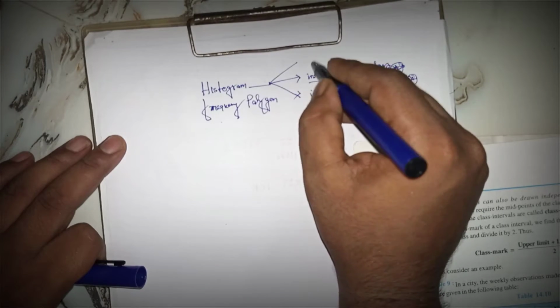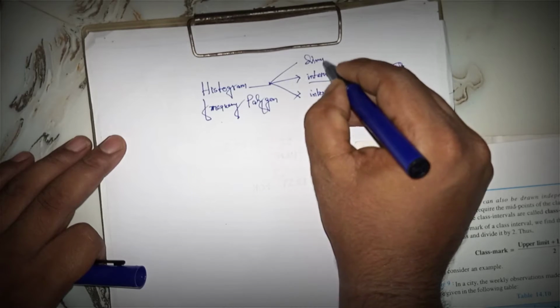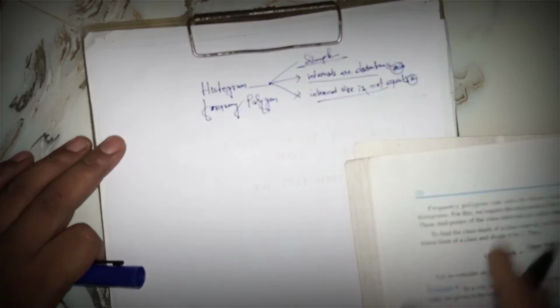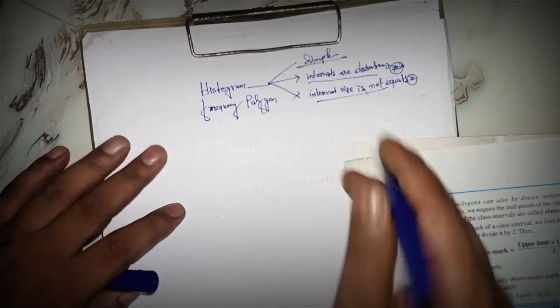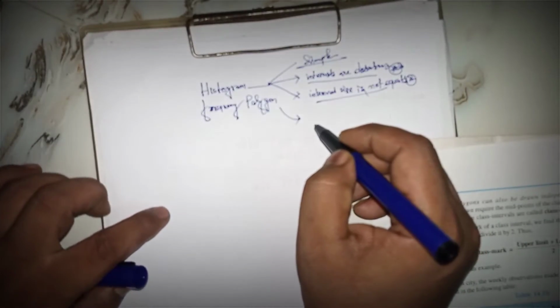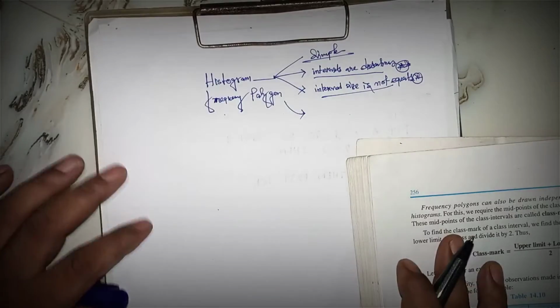A simple histogram we have done, or you learned in previous class also. And frequency polygon is a very easy thing, I will discuss it one by one.